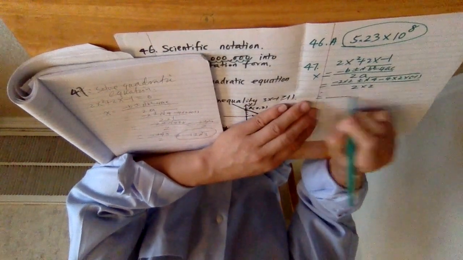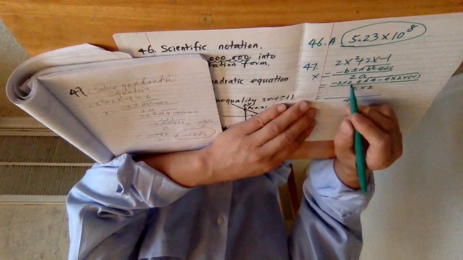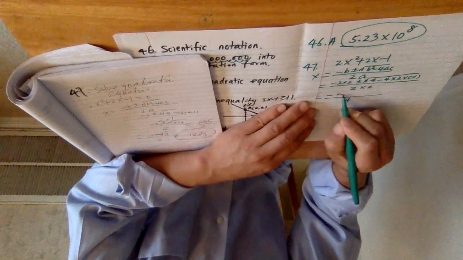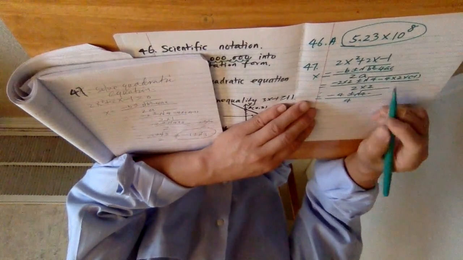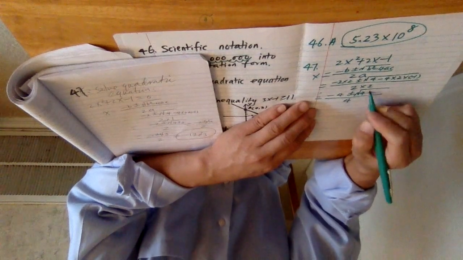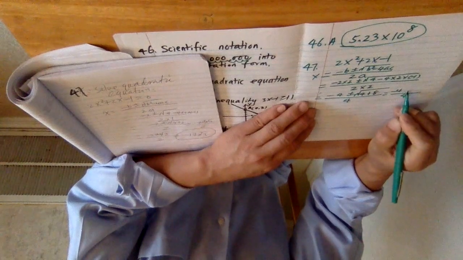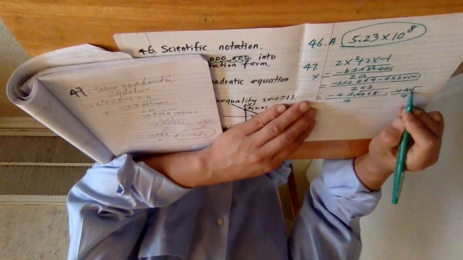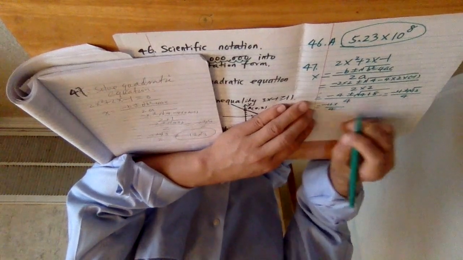So we have 2 times 2 on the bottom, which is 4. Negative 2 plus or minus the square root of 4 plus 8, which is 12.